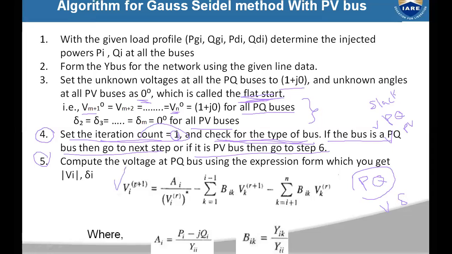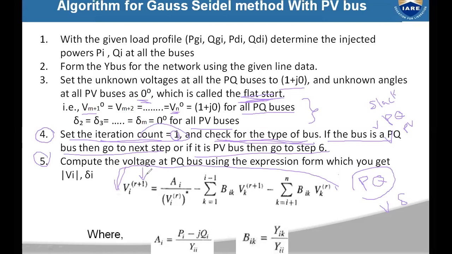Vi at the (r+1)th iteration is equal to Ai by Vi at the rth iteration conjugate, minus sum over k equals 1 to i minus 1 of Bik into Vk at the (r+1)th iteration, minus sum over k equals i plus 1 to n of Bik into Vk at the rth iteration. This is the formula you have to use for determining the voltage at any bus during the (r+1)th iteration.